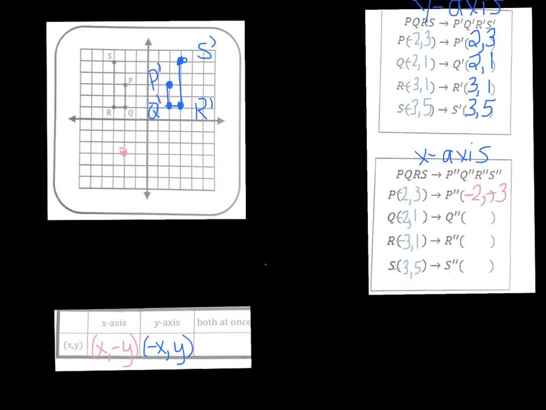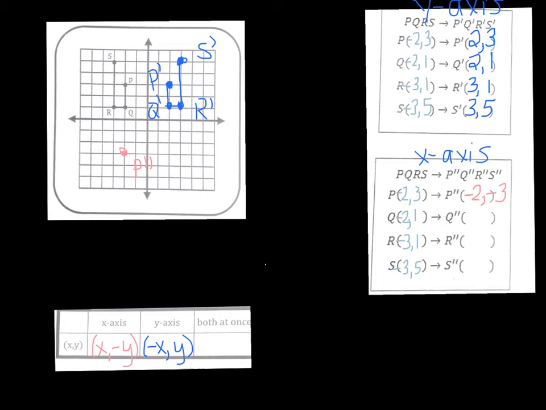And actually, we would label it P double prime, since we already have a P prime on our graph. Now let's count and make sure that that's correct. I'm 1, 2, 3 spaces away from the x-axis this time. So now P double prime should be 3 spaces. 1, 2, 3. That is correct.